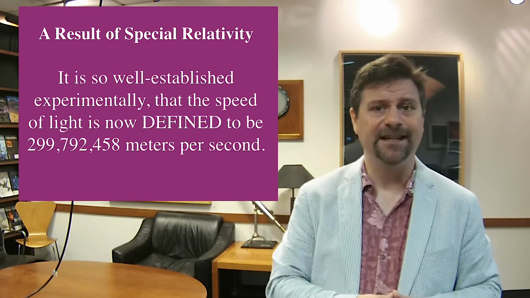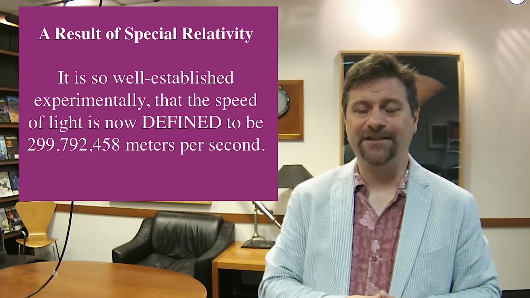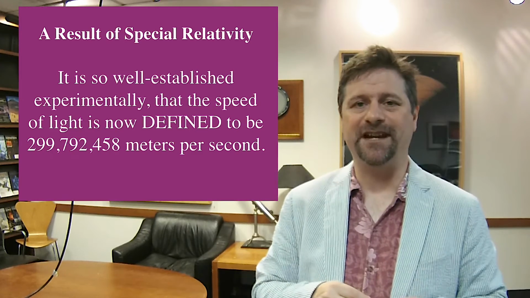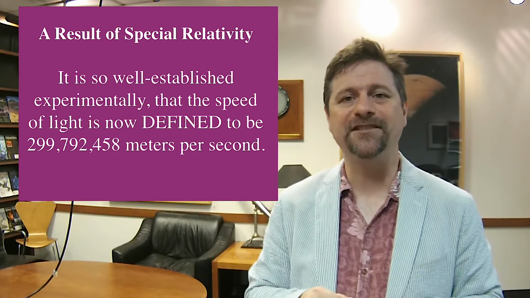That's all it is, which is really something. So special relativity is extremely well established, and it's a basis for many of our scientific uses. In fact, we no longer worry about the length of something, we worry only about the measurement of time, because we convert it to length by defining the speed of light. The speed of light is a definition.